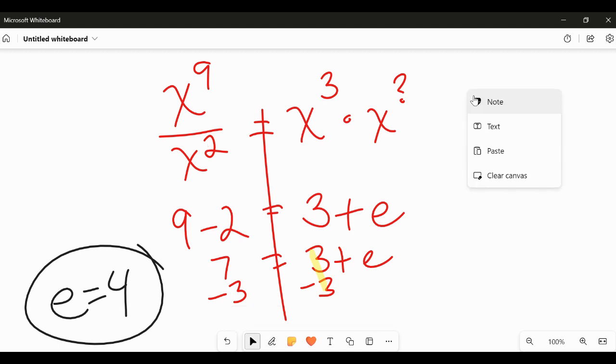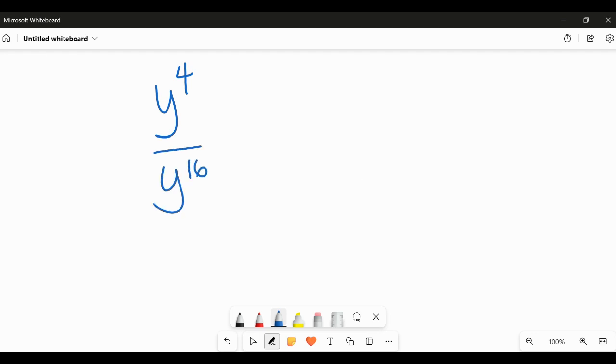Okay, let's look at another scenario. Let's do a different letter this time. y to the 4th divided by y to the 16th equals y to the 2 to the exponent we're trying to figure out.